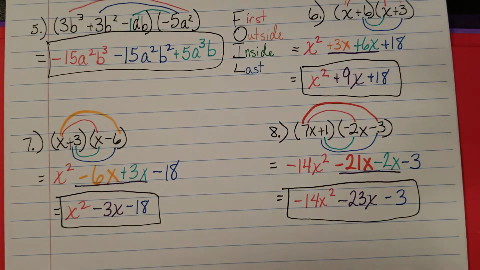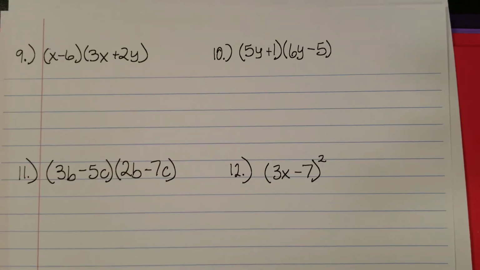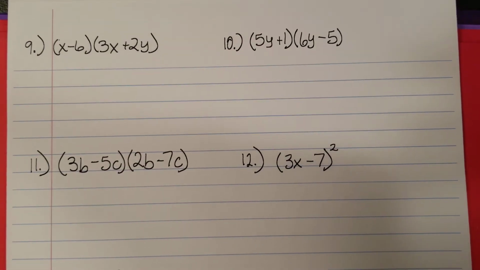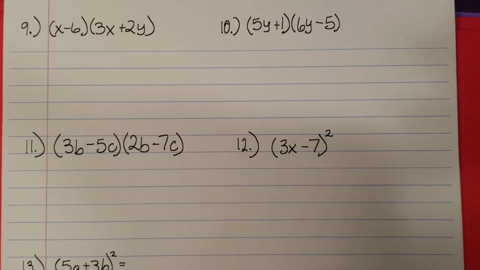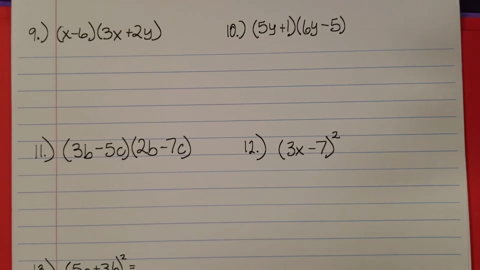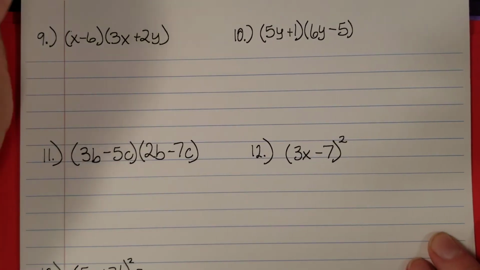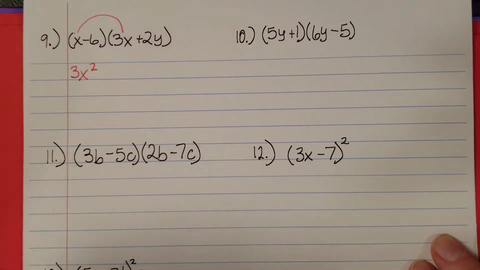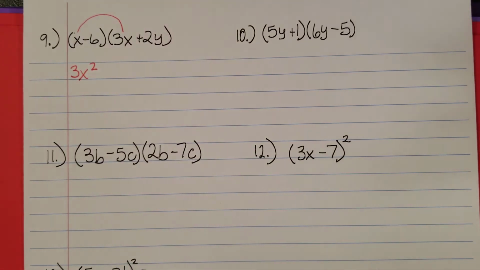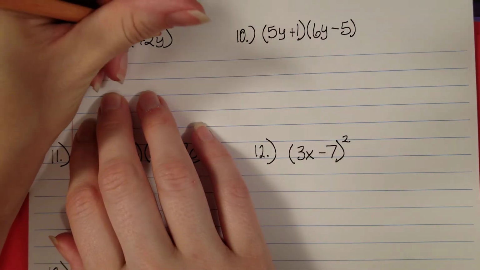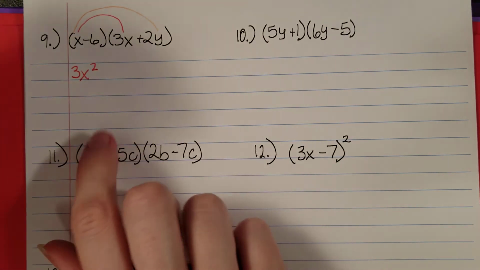Next page, number 9. And again, we're FOILing. First, x times 3x, so that would be 3x squared. And then outside, x times 2y, that would be 2xy.